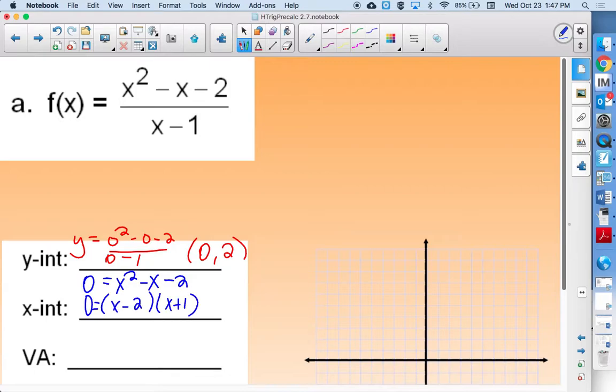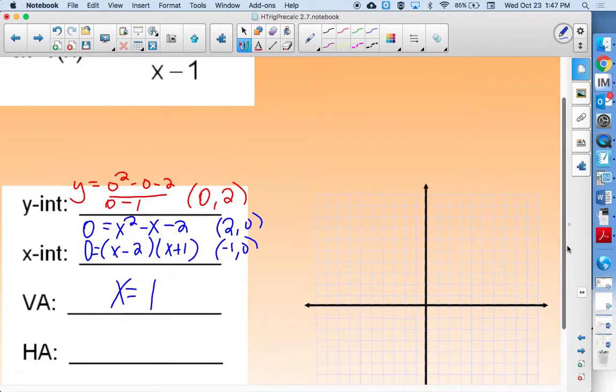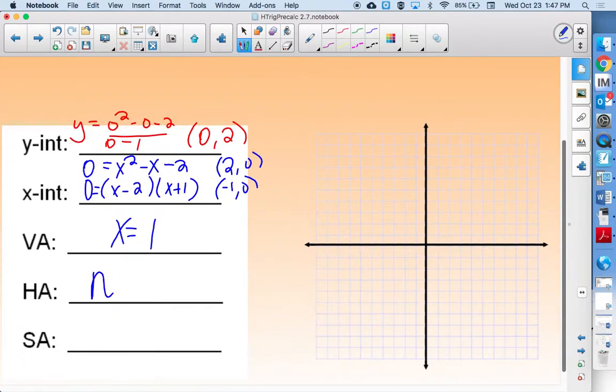So one y-intercept, two x-intercepts. The vertical asymptote is positive 1, not negative 1. And the numerator has a larger power than the denominator, so there's not a horizontal asymptote.